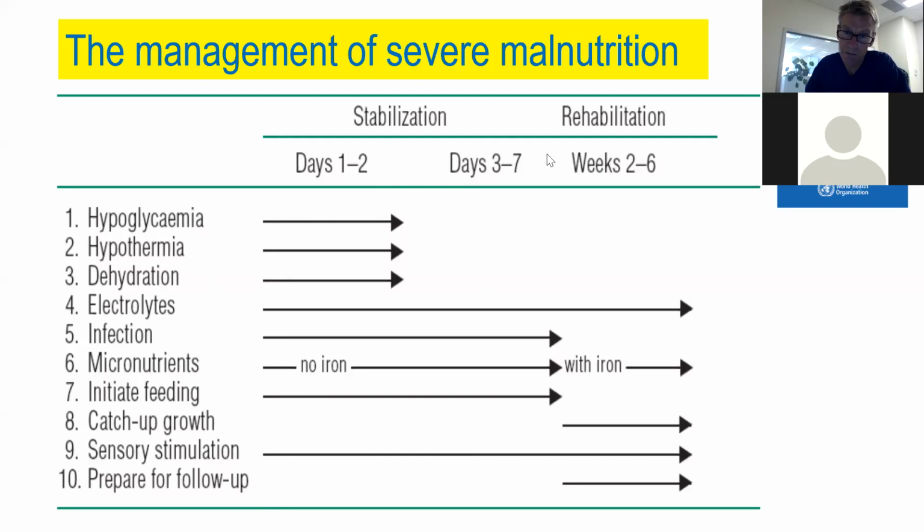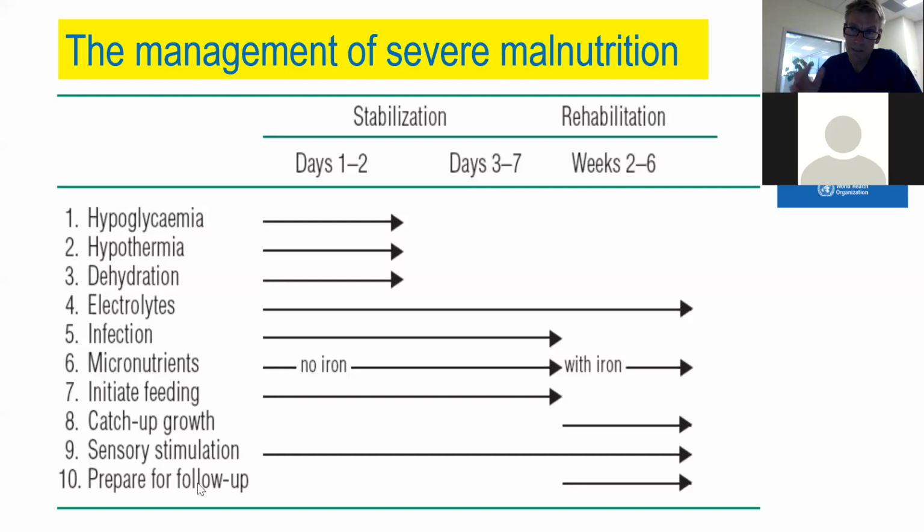And then later on, after the first week, some things become less important, and you're really more focused on catch-up growth and trying to get the child to grow. This is the WHO plan for the management of children with severe malnutrition.